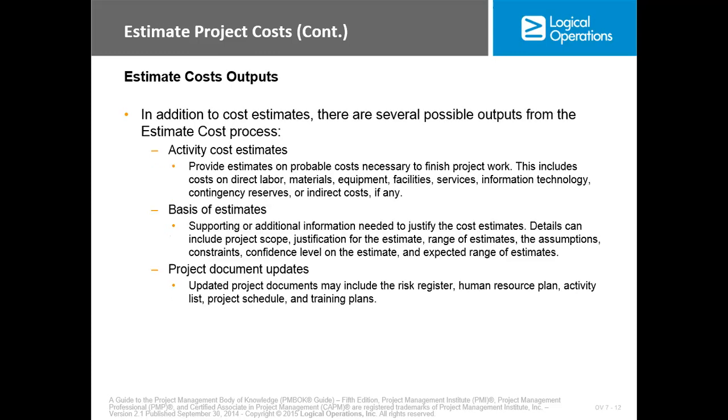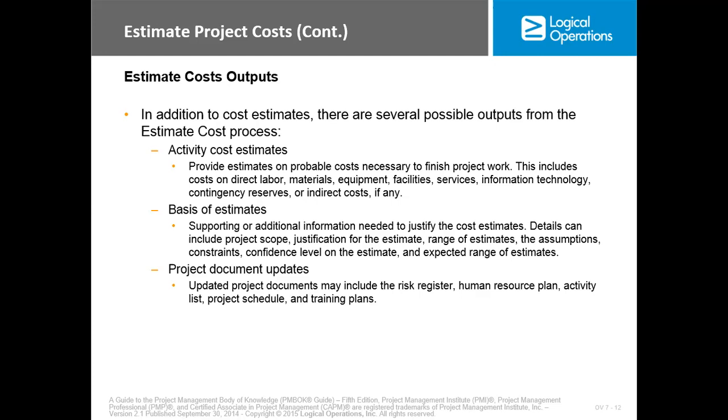Output, we talked about the activity cost estimate, which provides estimates on probable costs necessary to finish the project work. This includes cost of direct labor, material, equipment, facilities, services, information technology, contingency reserve, or indirect costs, if any. Now, basis of estimate, we have supporting or additional information needed to justify the cost estimate.